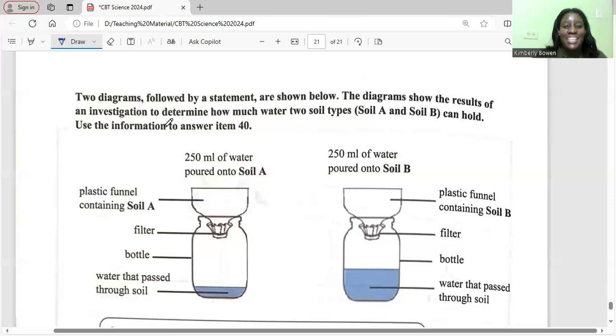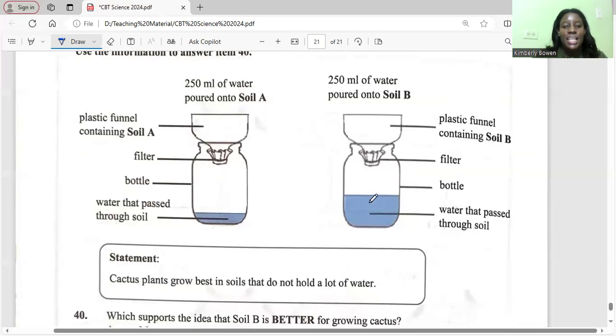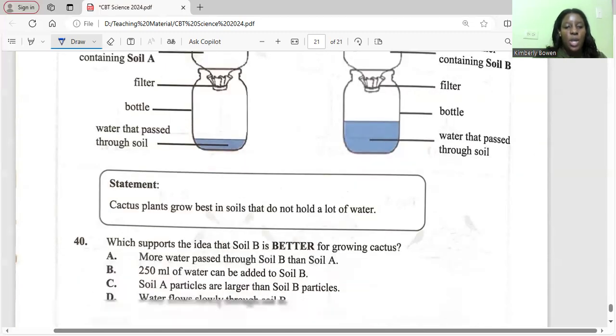Use the information to answer item 40. Let's sit that there for a few seconds so you can examine it. Move on to the question.